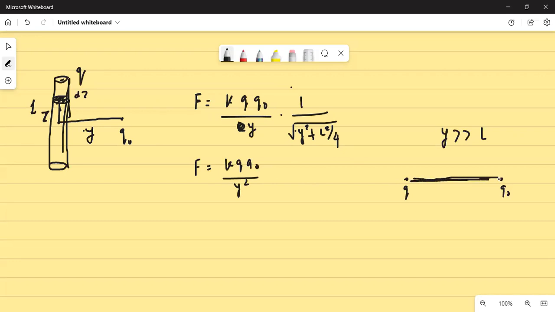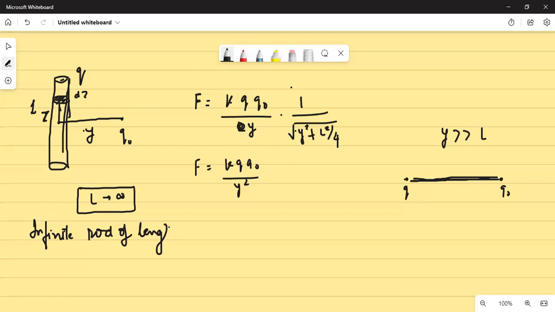Is that clear? Now, if L tends to infinity, that is, if I have the case of an infinite rod of length L, then the force will be K Q naught divided by y times something with L square by 4.